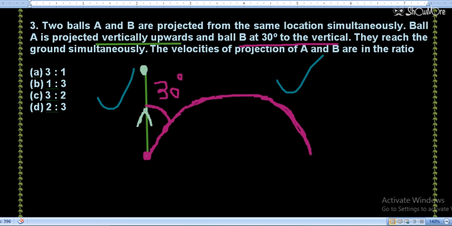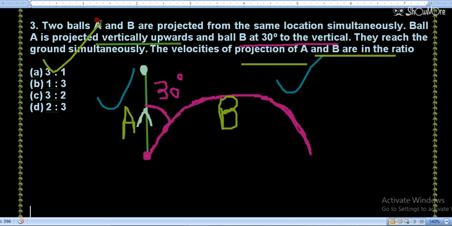Now students, we can use the relations. This is the path or trajectory of body A, and this is the trajectory of body B. Now we have to find the ratio of the velocities of projection of A and B. But what thing will be the same?